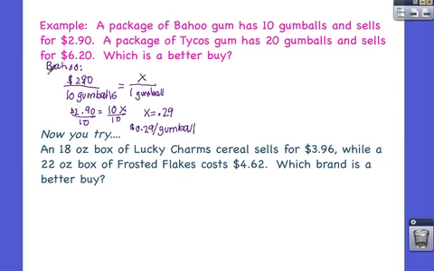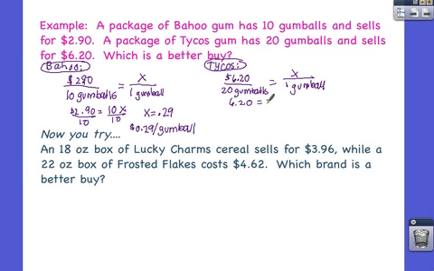Now let's do Tychos. Tychos is $6.20 for 20 gumballs. So we want to know how much money is it for 1 gumball. So you get 620 equals 20x.